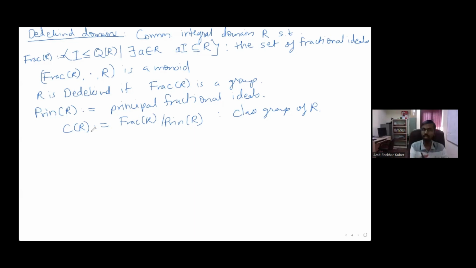Does it have anything to do with K theory? The class group: K0 of R is isomorphic to Z direct sum the class group of R. In computations, these are finite groups.